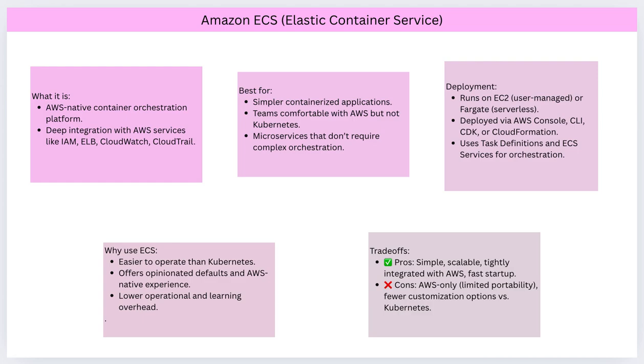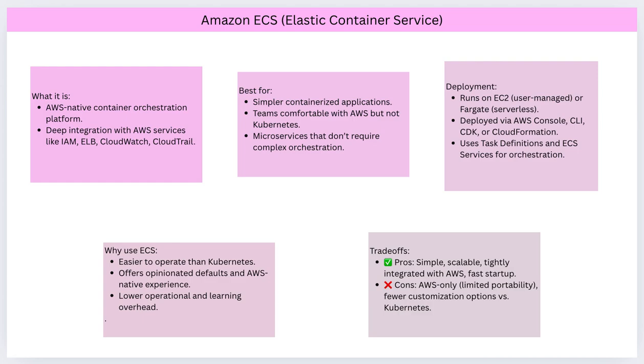Let's start with Amazon ECS, AWS's own container orchestration service. It's tightly integrated with AWS services like IAM, CloudWatch, and ELB.